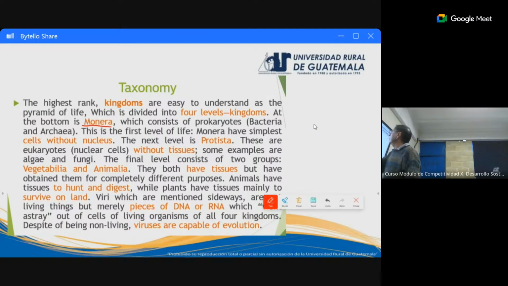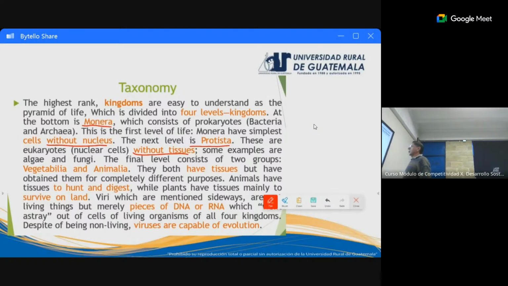This is the first level of life. Monera have simplest cells without nucleus. While the next level was Protista, and these are eukaryotes, nuclear cells without tissues. Some examples are algae and fungi.